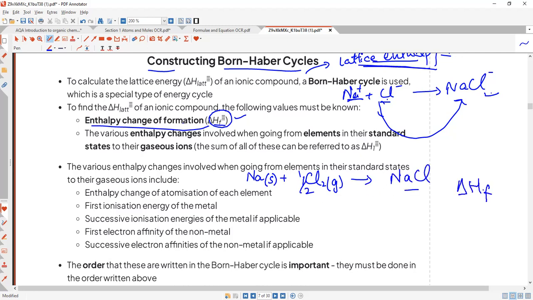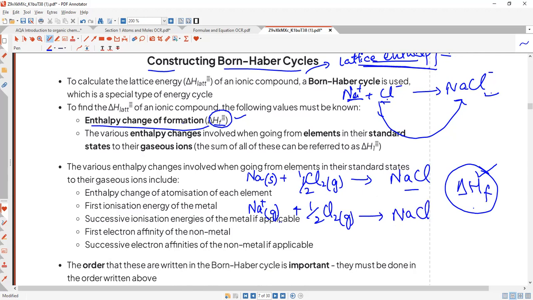The term you will use depends on the type of reaction. We have one more type in which sodium is present in gaseous state, chlorine is present in gaseous state, and it is converting into NaCl. But now in this reaction, the energy released would be called del H lattice, not formation, because these two are different. For formation, note that all the elements are present in their standard state: sodium is solid, chlorine is gas.